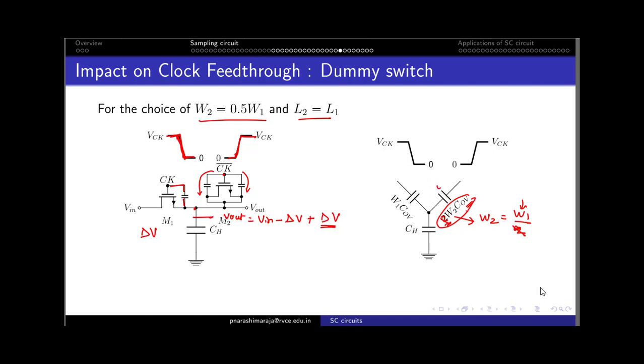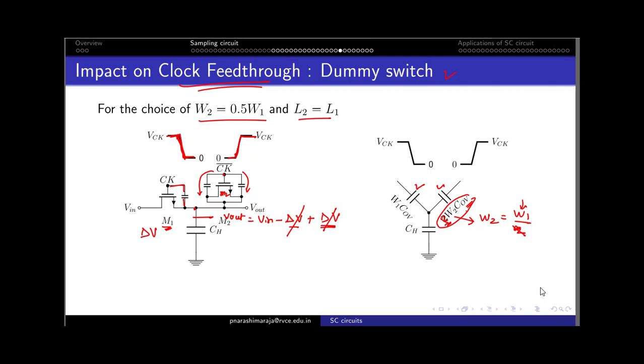The capacitance here is the same, and due to this the delta V induced by the M1 transistor is the same as the delta V induced by transistor M2. They have the same magnitude and cancel each other, and due to this I can eliminate the clock feedthrough error by making use of the dummy switch.